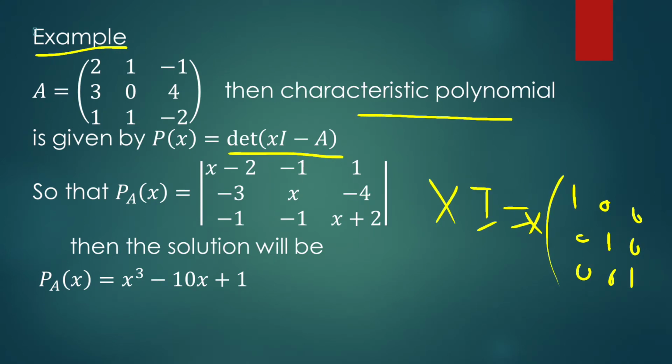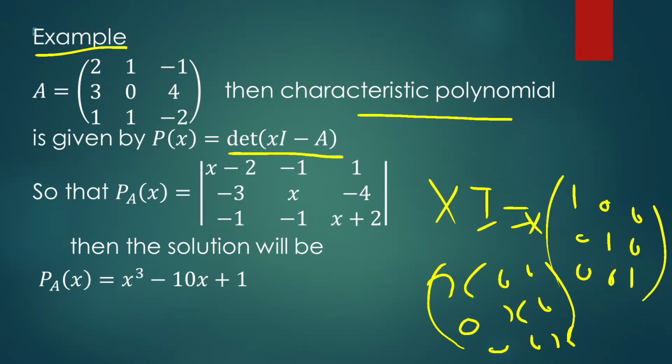Remember, this also depends on the kind of square matrix that we are having. In our case here, it is a 3 by 3 matrix, therefore we have an identity which is also 3 by 3. If you multiply by x, you are going to find that across the main diagonal we are having x. So we have x 0 0, 0 x 0, 0 0 x. That's now the matrix we are calling xI.